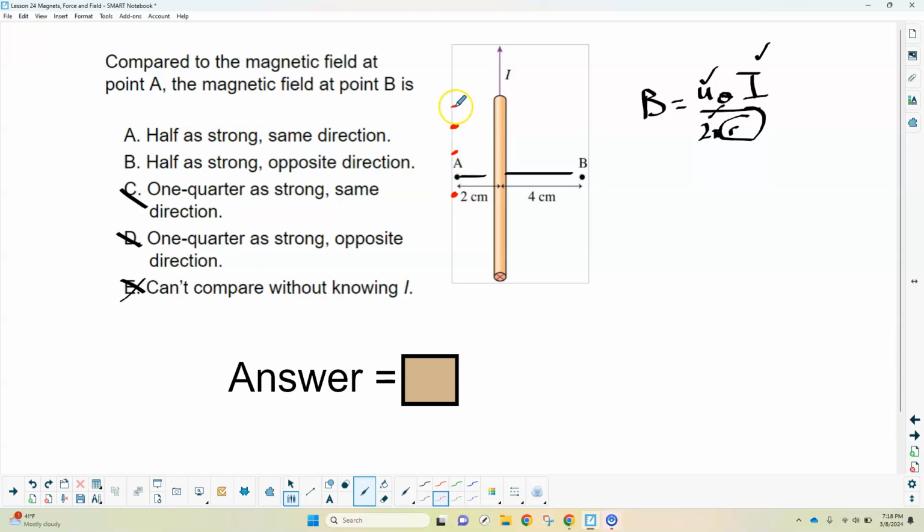So these red dots represent the magnetic field at a distance of 2 centimeters away. If we grab the wire and you think about your fingers on the right side of the wire, it's going to be going in. So these are all X's over here. So X's and dots are opposite directions. So it's going to be half as strong and they're going to be in opposite directions. And we just established the directions that they should be.